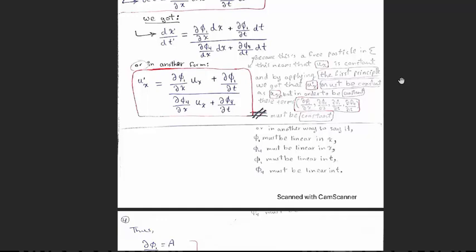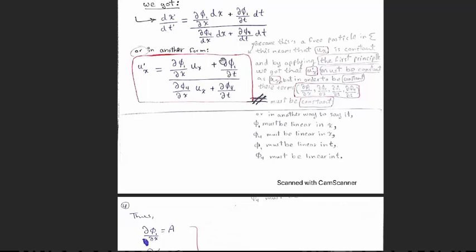But in order for u dash x to be constant, these terms, d phi 1 over dx and d phi 1 over dt, and d phi 4 over dx and d phi 4 over dt, must be constant.